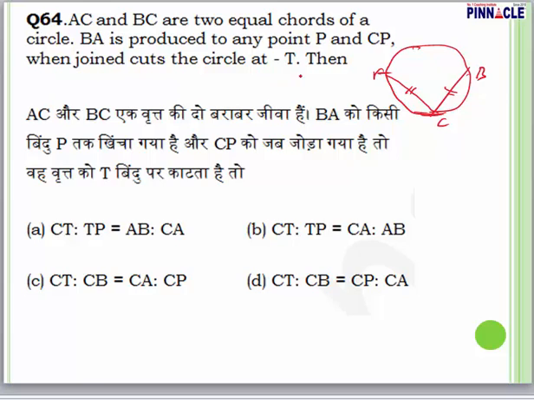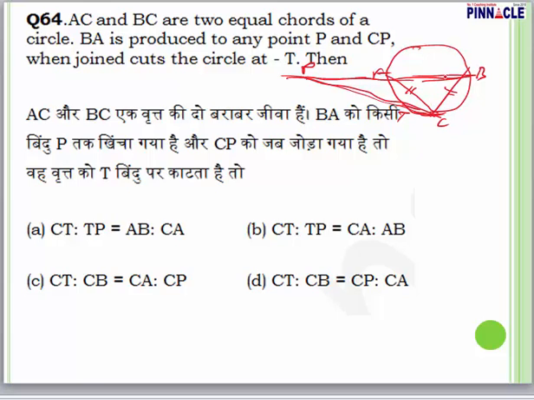BA is produced like this to any point, that is P, and CP, C and P. This is CP, which will cut the circle at T. Here you can take T. Then which of the following equations is correct?